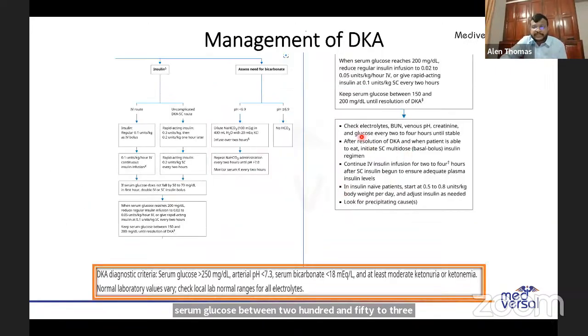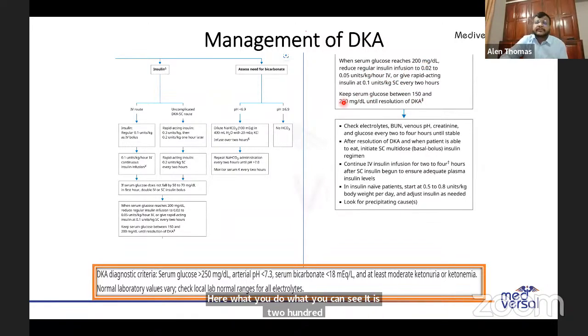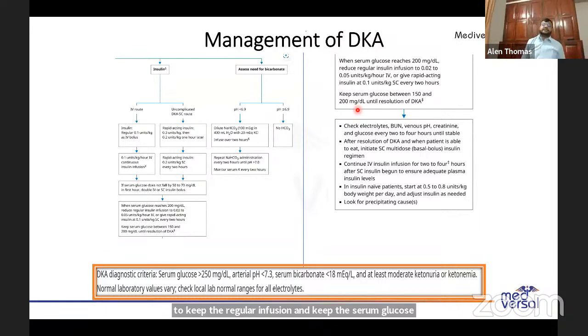In DKA, once it reaches 200, you reduce the insulin infusion and keep the serum glucose between 150 to 200 until the resolution of DKA. Of course, in DKA, you have that fruity smell from the patient's breath. I hope this answered the question.